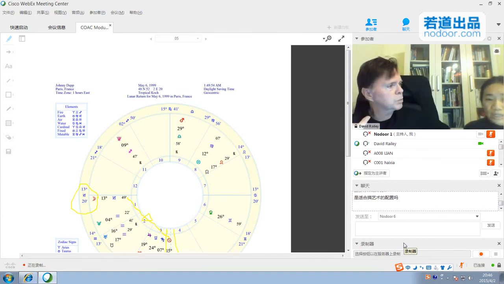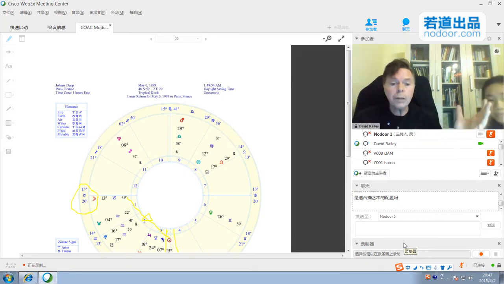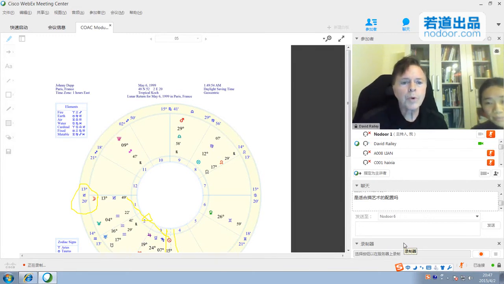We have a double statement about family. The Moon is always about family, or always possibly about family. But we know that the 4th house is also family. And here the Sun is right on the IC. We also have the Sun closely square Uranus.